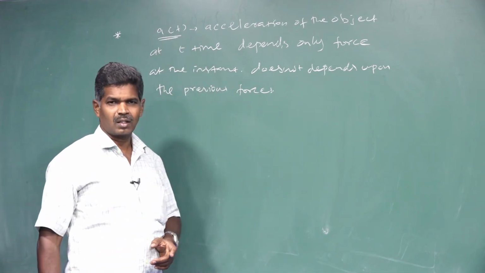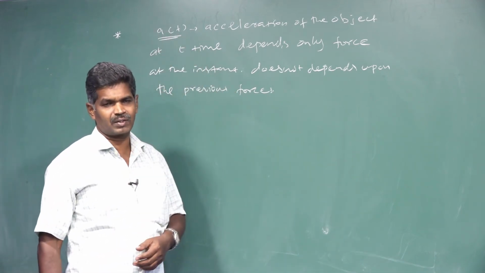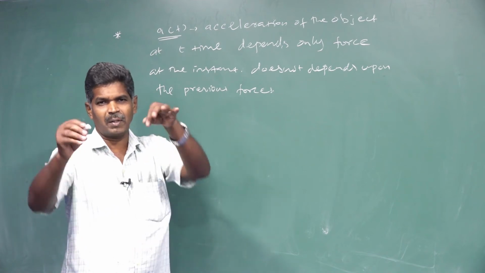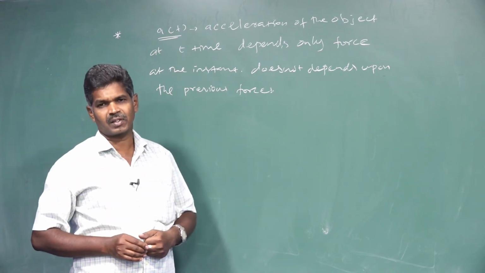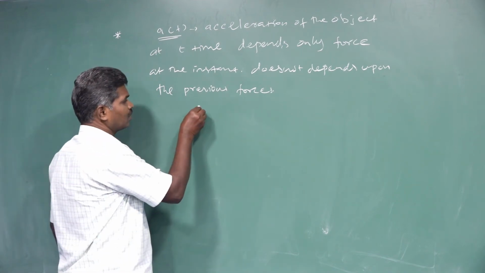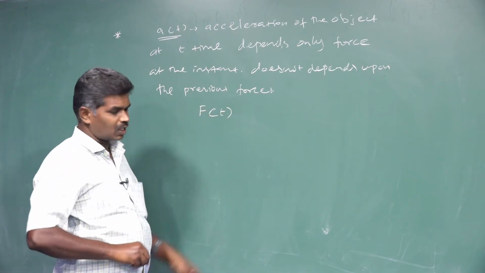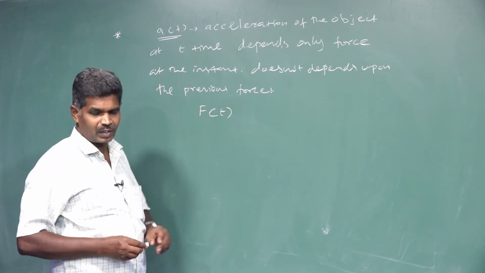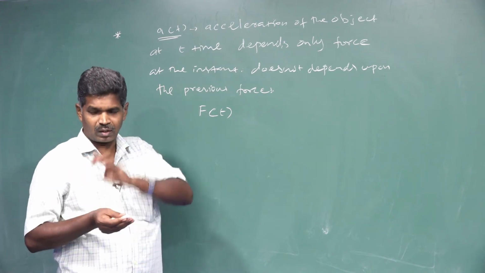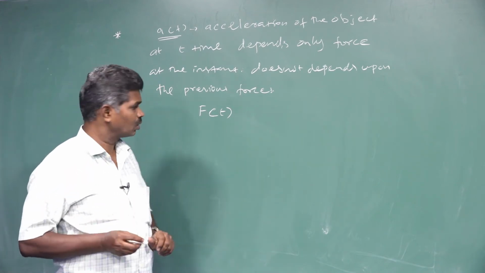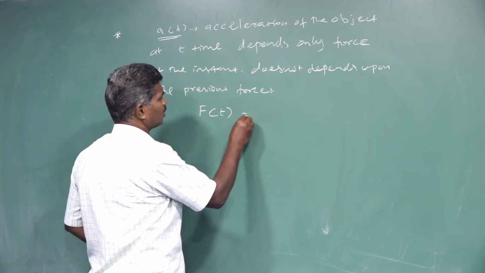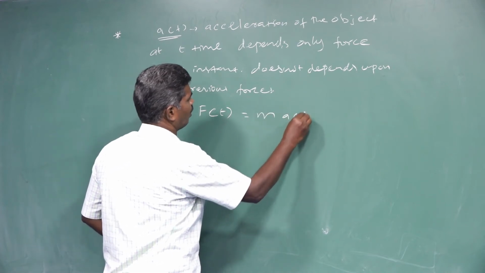That's why Newton's second law is a time-dependent expression. Time dependent means force f of t, the force with respect to time. At t equal to 0 we have some force. Anyhow, f of t equals m into a of t.